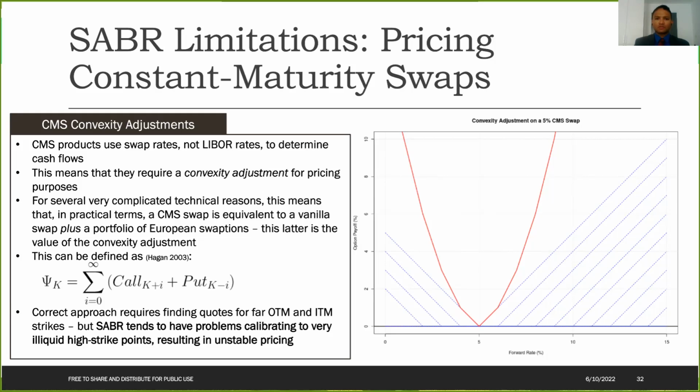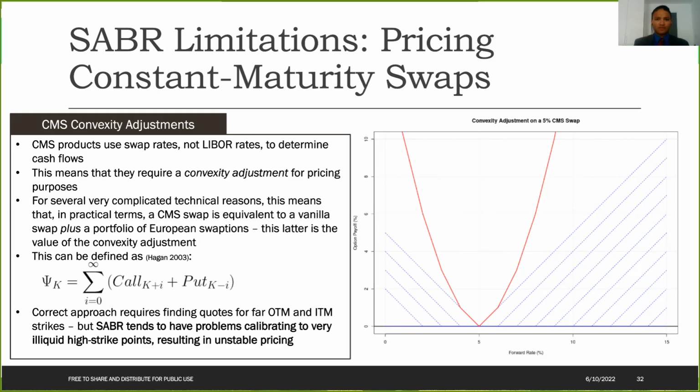Now, with respect to CMS swaps, a CMS product essentially consists of a plain vanilla LIBOR versus fixed swap and a portfolio of swaptions. Those swaptions have to be priced across a very wide range of strikes.